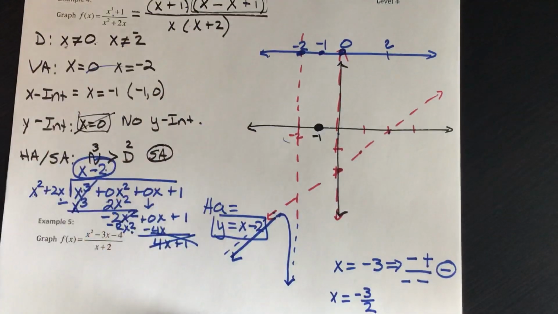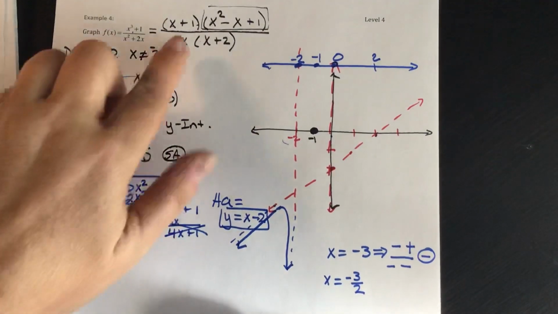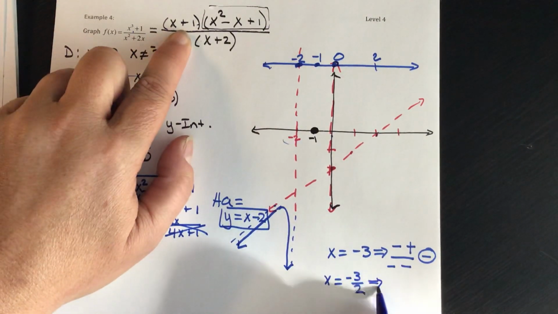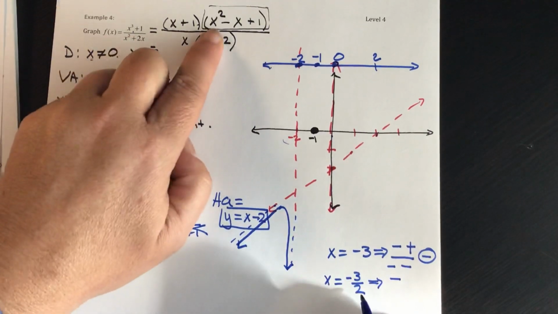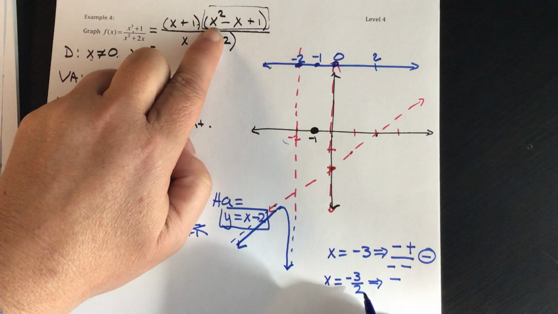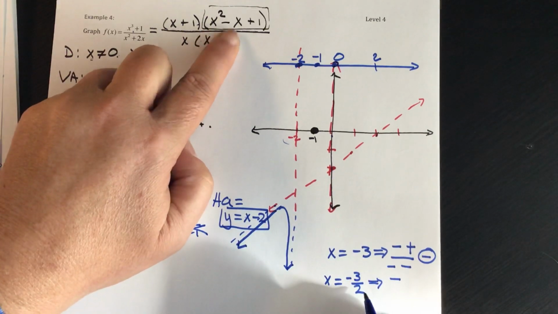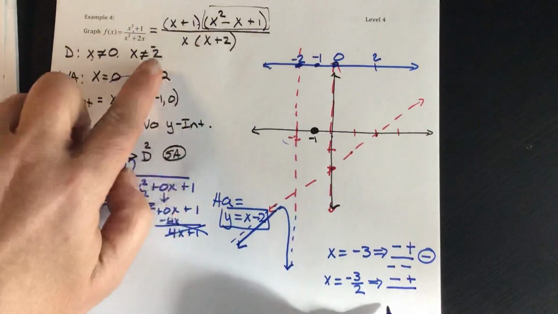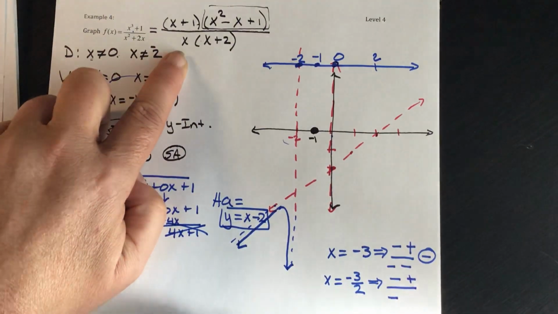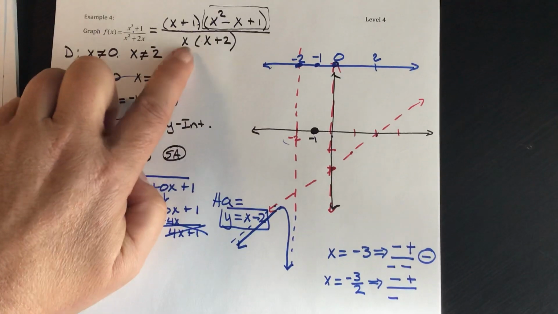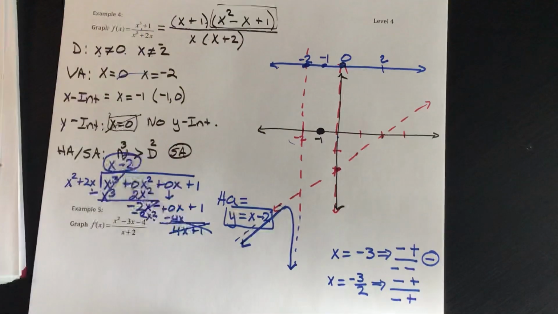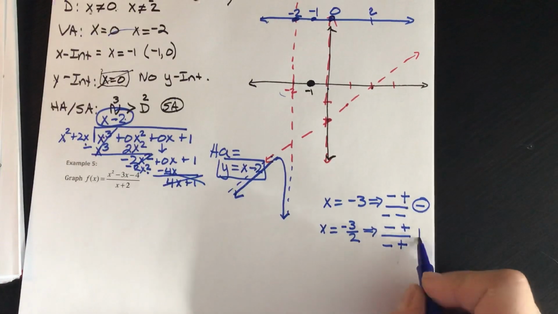So going back here, maybe I can zoom out a little bit. -3/2 plus 1 would be a -1/2. -3/2 squared is +9/4, minus 1, which would be 4/4, so that's +5/4, plus 1 whole, so that number is positive. Then I have -3/2 as a single factor, so that's negative. And -3/2 plus 2 is a positive number.